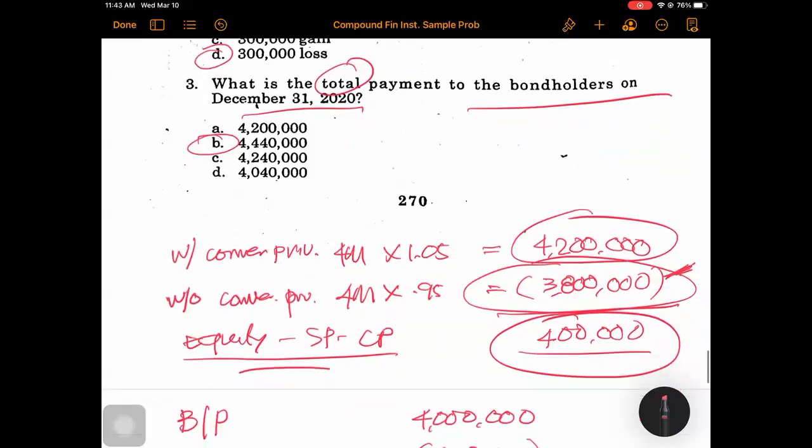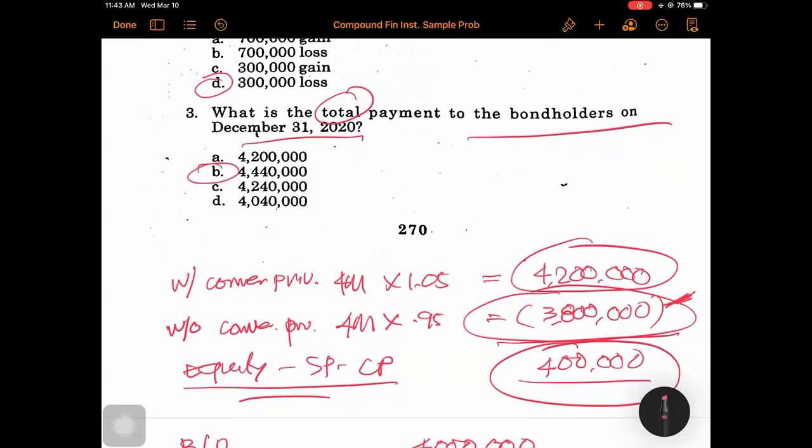Sir, if ang payment for interest kay July 1 o December 31, tapos ang question kay interest expense for December 31, tanan ba interest expense for 2020 or sa December 31 ra? So ang question ana, let's say semi-annual, di ba?